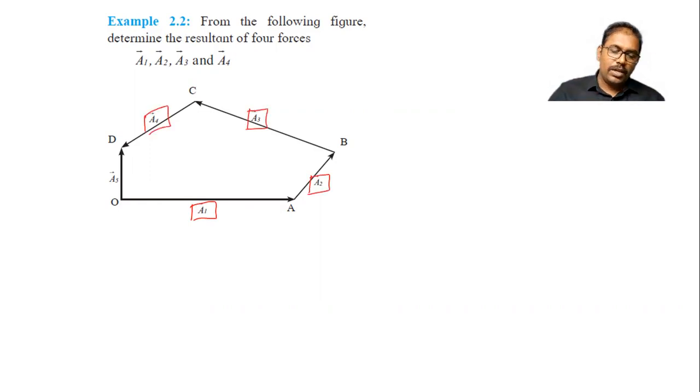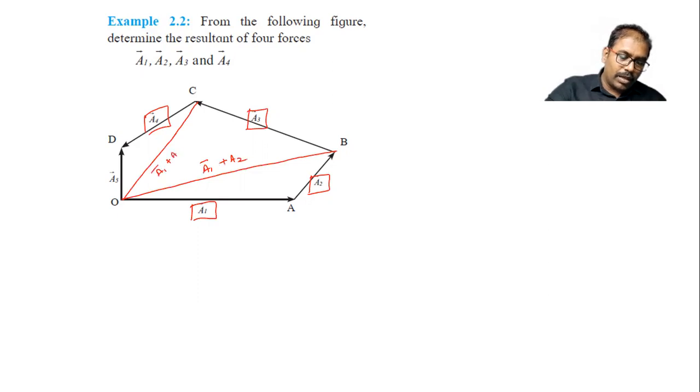You have to determine the resultant of these four. You know that by the triangle method, this OB is coming as A1 bar plus A2 bar. Then in this triangle, OC is A1 bar plus A2 bar plus A3 bar.